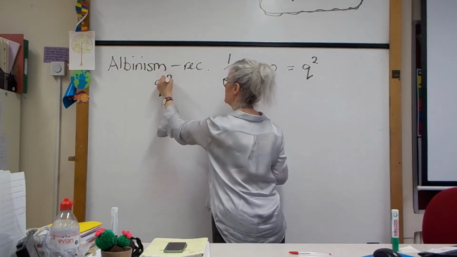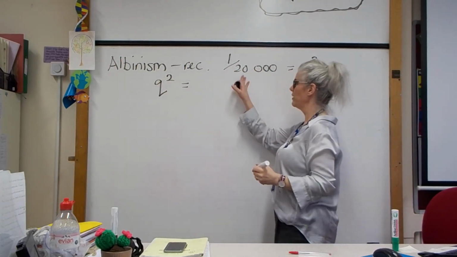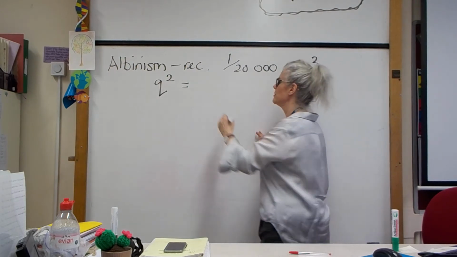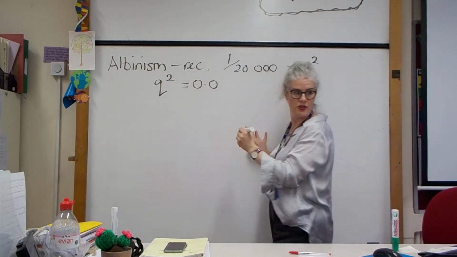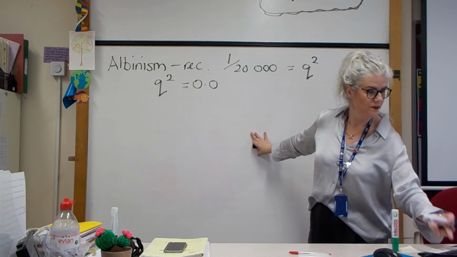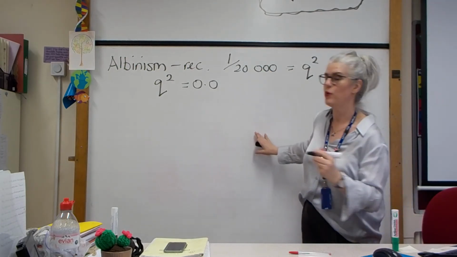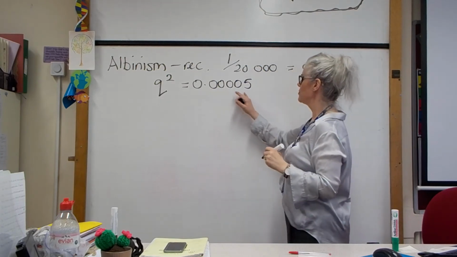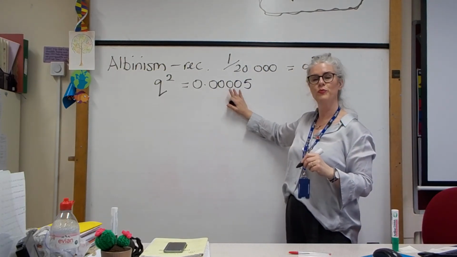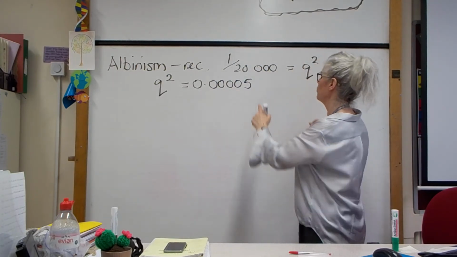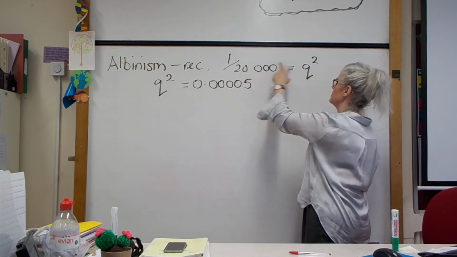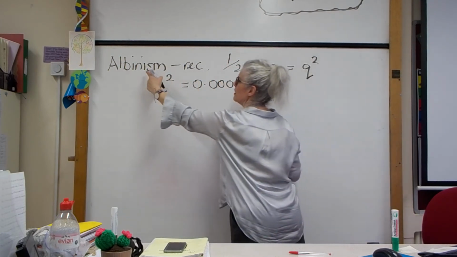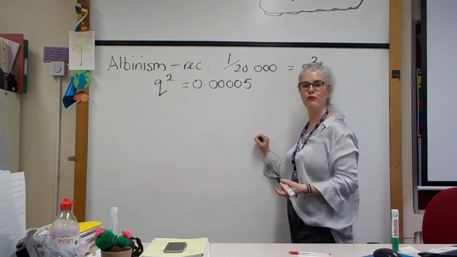So q squared equals 1 divided by 20,000, which is 0.00005. That is the value for your albinism frequency.